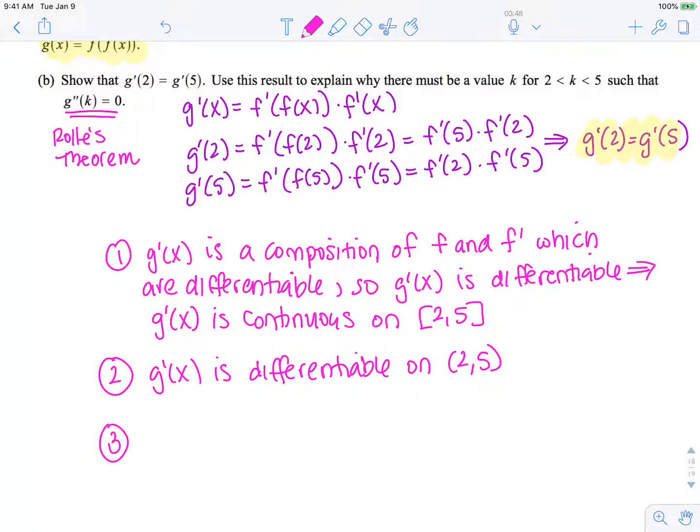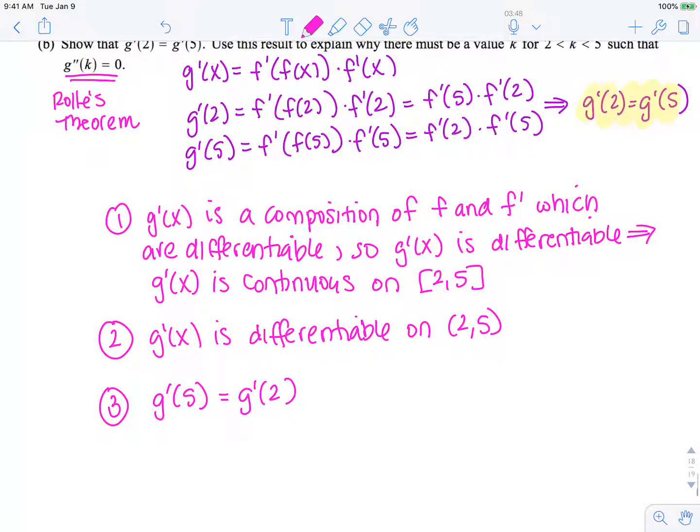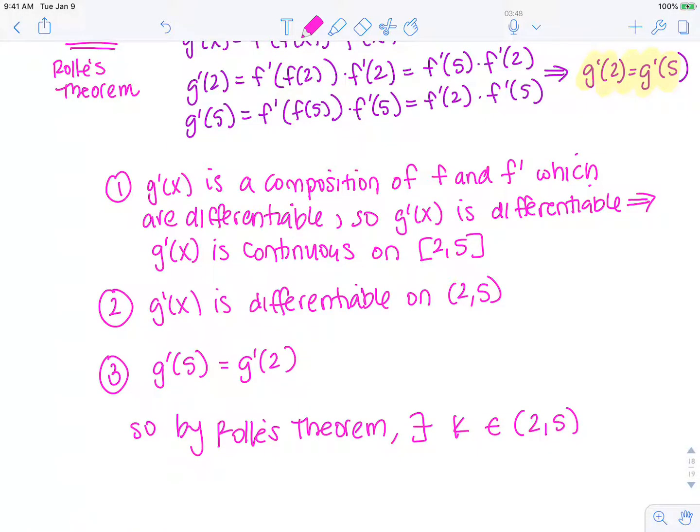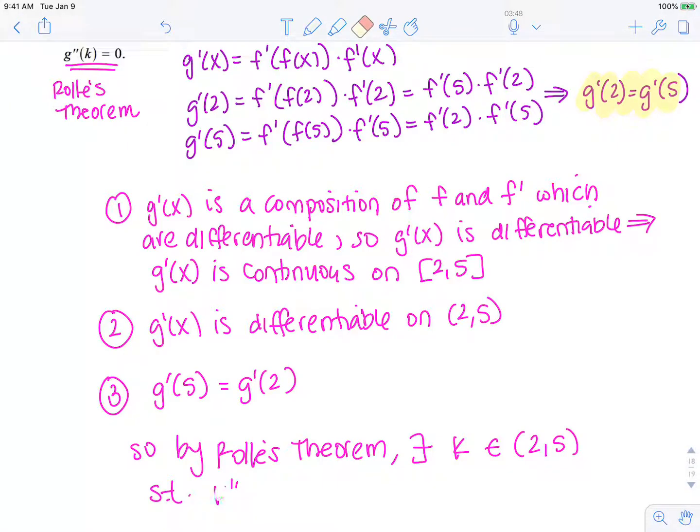We also just showed in our previous step that g prime of 5 equals g prime of 2. So by Rolle's theorem, there exists a k value, an element of that open interval 2, 5, such that g double prime of k equals 0.